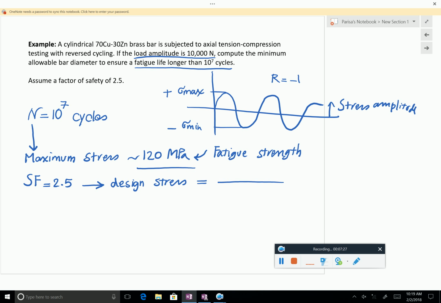So here this is fatigue strength. And we divide it by 2.5 to get the design stress. I actually don't have the number, so if someone can calculate the number, I forgot to say. How much? Thank you.